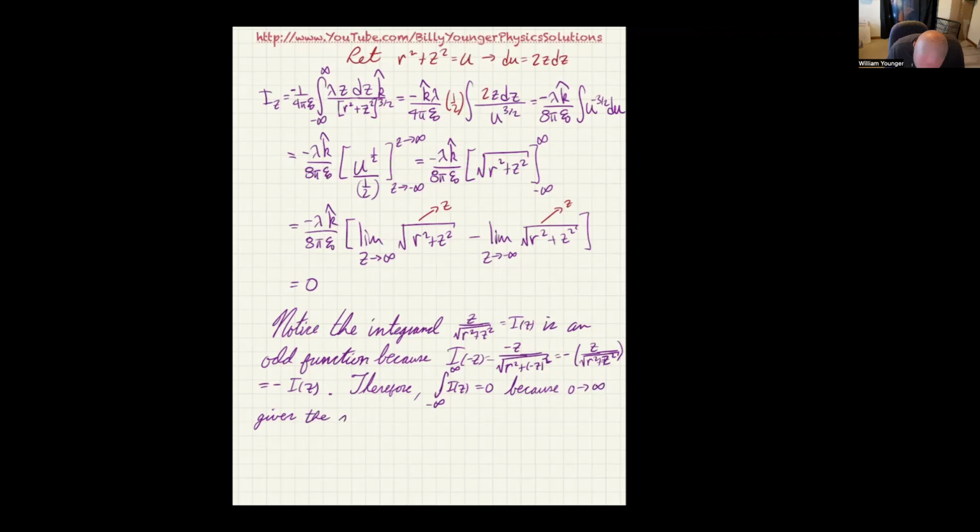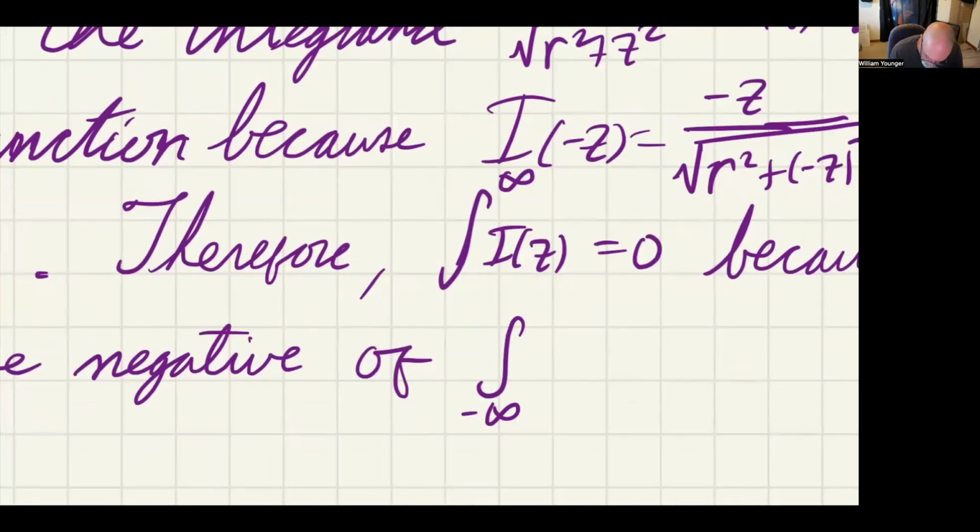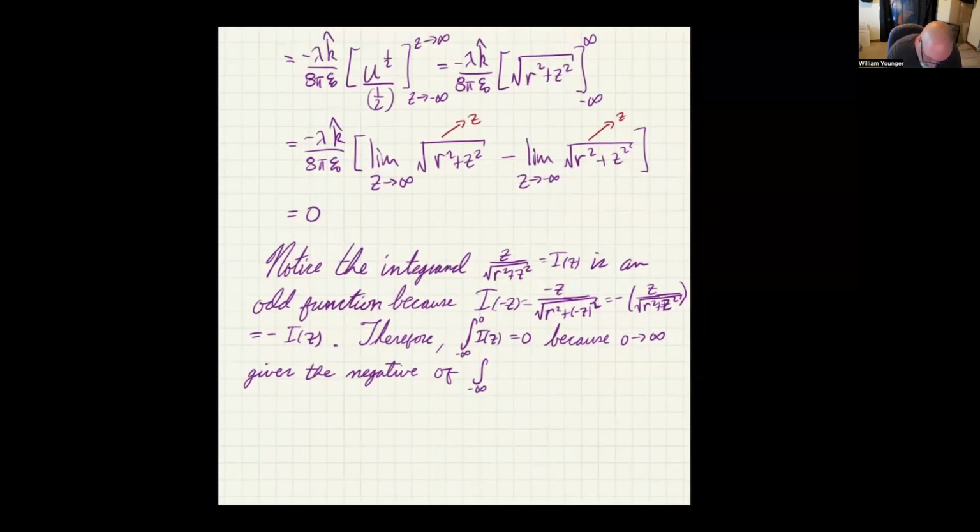Let's do it this way. I'm going to say the integral from negative infinity to 0 gives the negative of the integral from 0 to infinity of I of z.